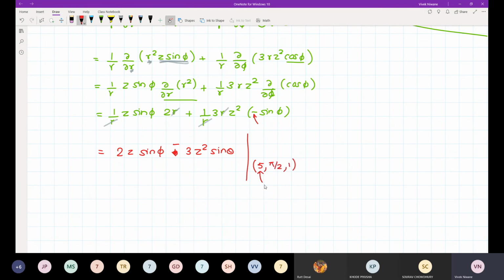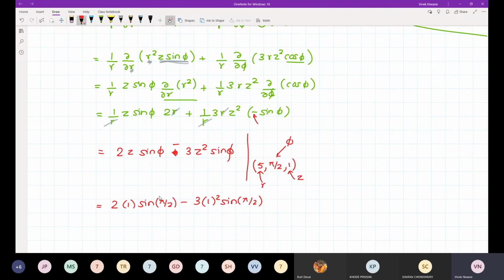मतलब क्या, r की वैल्यू है 5, phi की वैल्यू है π/2 and z की वैल्यू है 1. तो ये सारी वैल्यूज यहाँ पे लिखिए: 2 sin of π/2 minus 3 times 1 squared sin of π/2. So you can solve the complete expression.